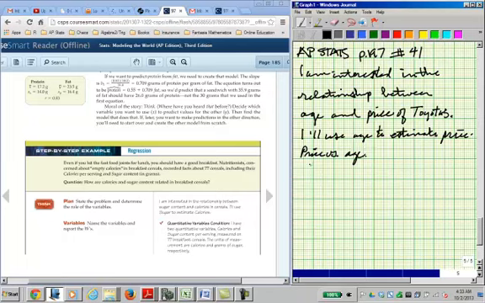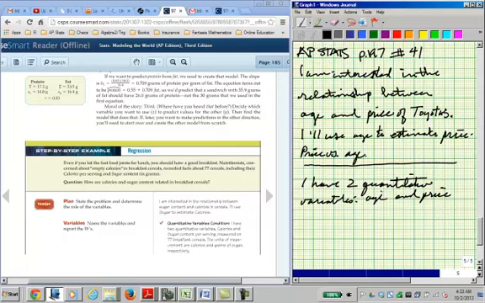Okay, so we're going to talk about the quantitative variables condition. I have two quantitative variables. Namely, age, whose unit is years, and price, whose unit is dollars.